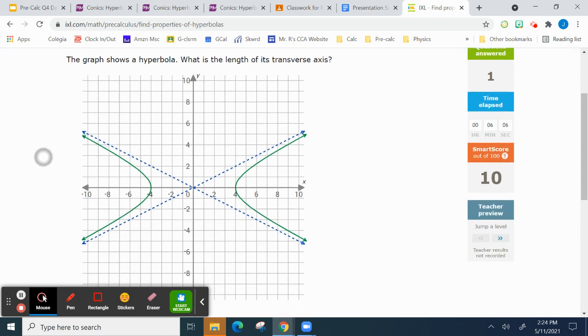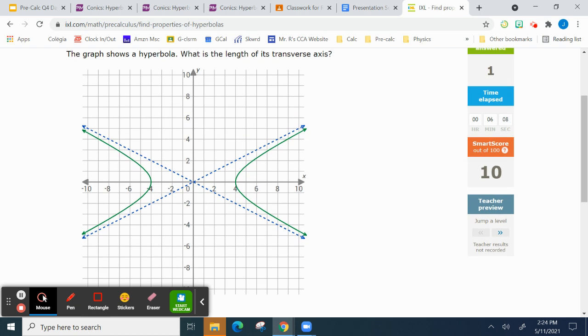This graph shows a hyperbola. What is the length of its transverse axis? Okay, so the transverse, when you traverse something, you go from one place to another. So the transverse axis is 2a. It's the distance. So a is the distance from the vertex to the center, right? So a is this distance right here.